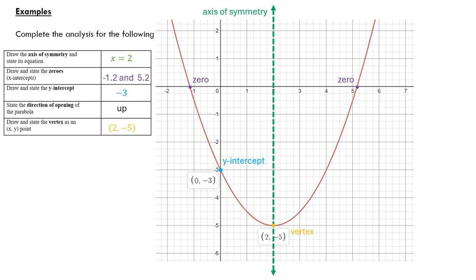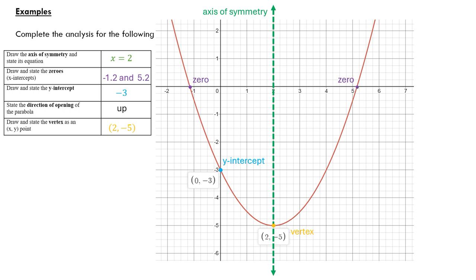The zeros, or the x-intercepts as we usually call them, are the points at which the graph crosses the x-axis. It's a little bit hard to see in this example because they don't quite go through a square. They go through the middle of a square, so we have to guess a little bit. But this looks like it's approximately negative 1.2, and this is approximately 5.2.